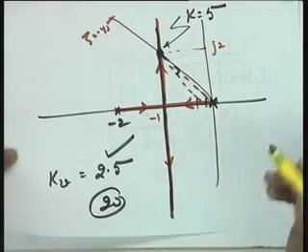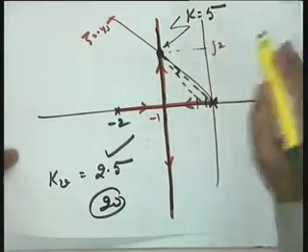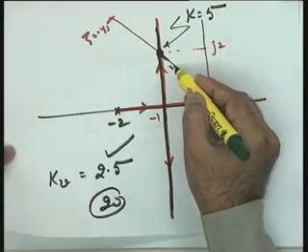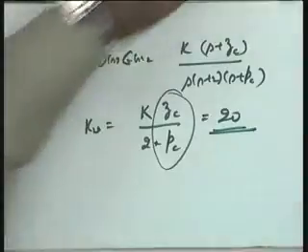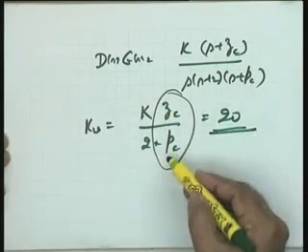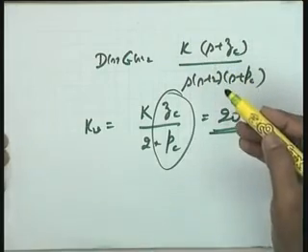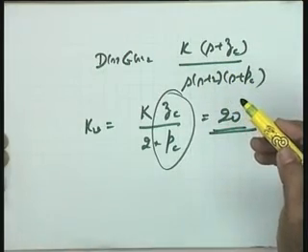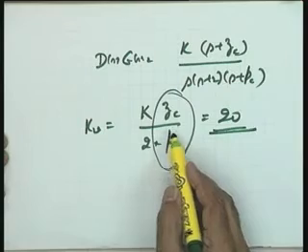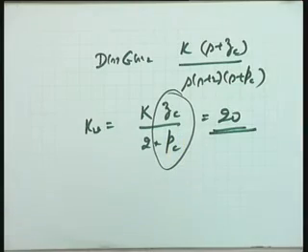So the compensated root locus at this point will roughly have the same value of K equal to 5, and the angle criterion will also be satisfied, and therefore the system Kv will be given by K by 2 into Zc over Pc. So it gives me a clue as to how Zc over Pc should be taken, as a factor of 8, so that the steady state requirements are satisfied.